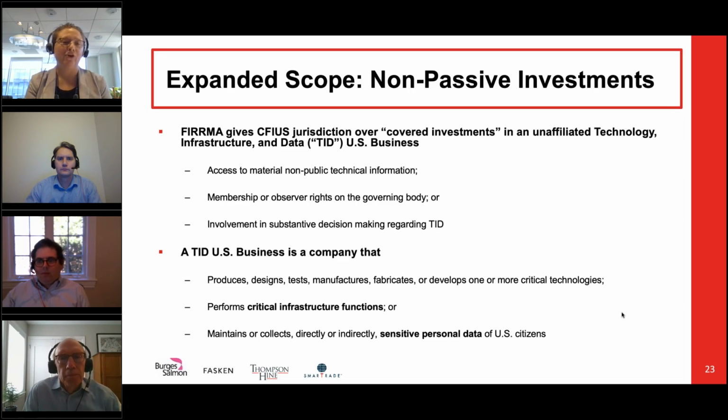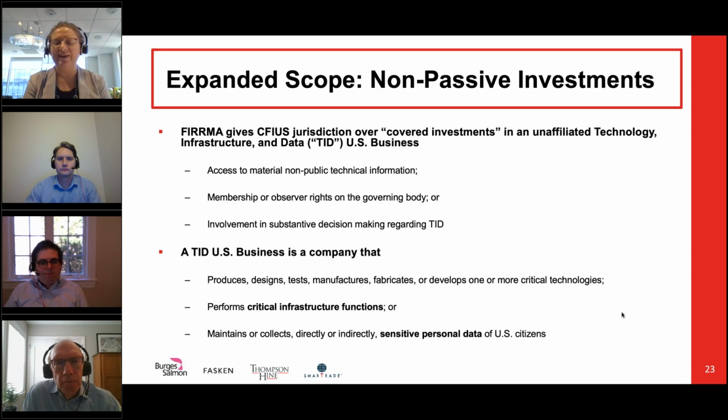Something you may not think would be covered is a seat on an LPAC, the Limited Partnership Advisory Committee of a fund, which has the right to approve certain decisions, maybe approve the general partner compensation. Those are considered the types of rights that would trigger this.